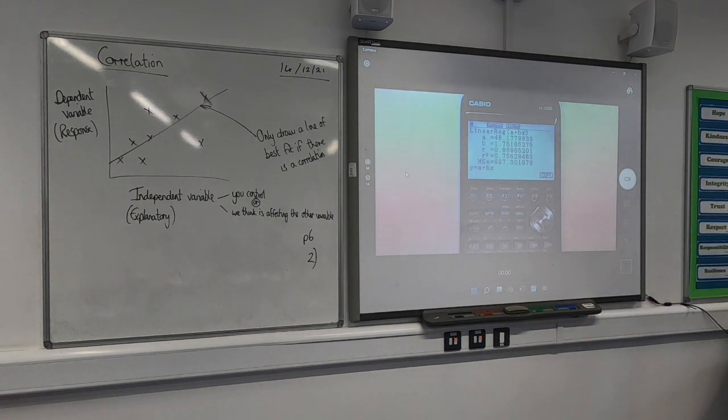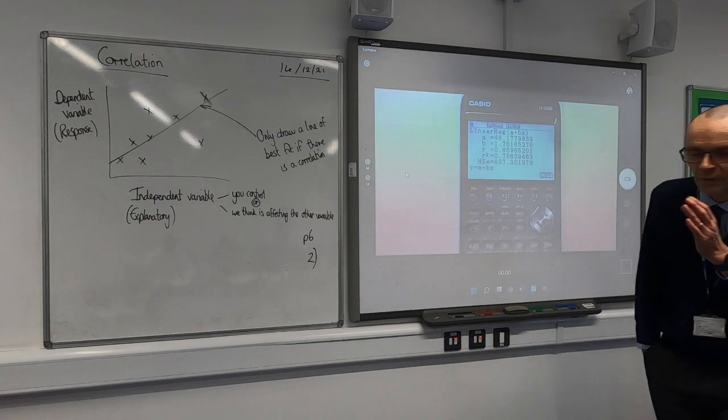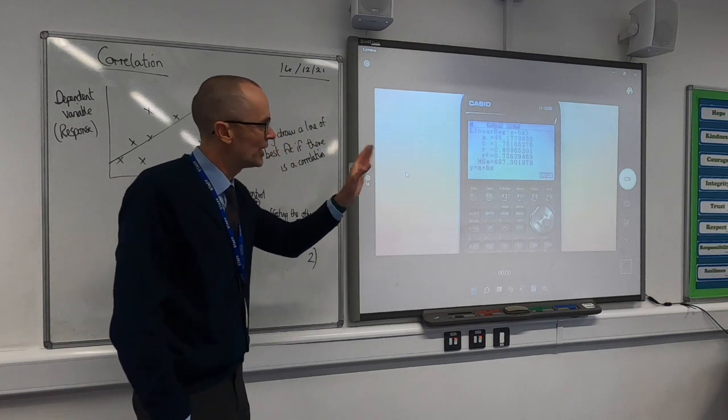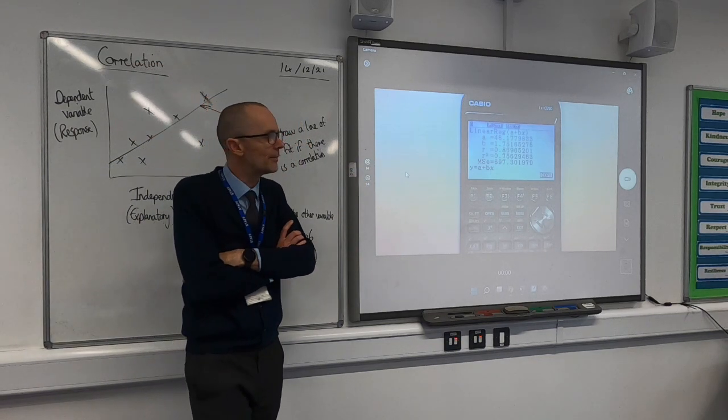This is a measure of how well those points line up. So that question, if we had drawn a scatter diagram, that's the value of r, which indicates that you've got a pretty good positive correlation. I said 1 never happens in reality, but 0.9-ish, that's really strong positive correlation.